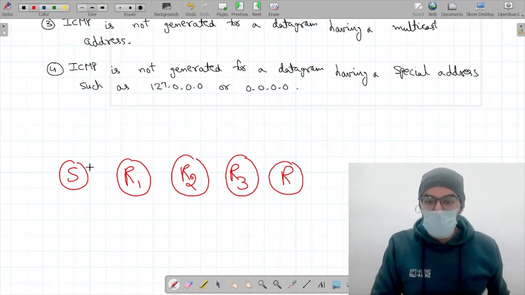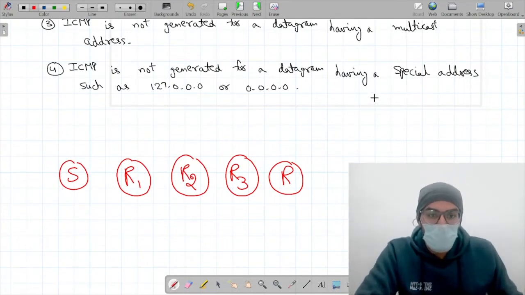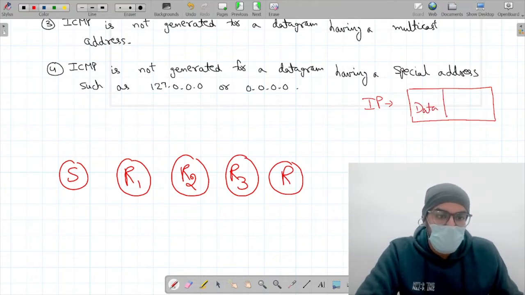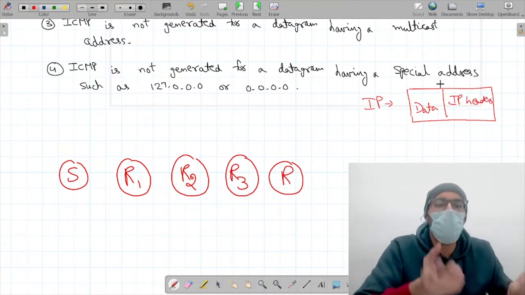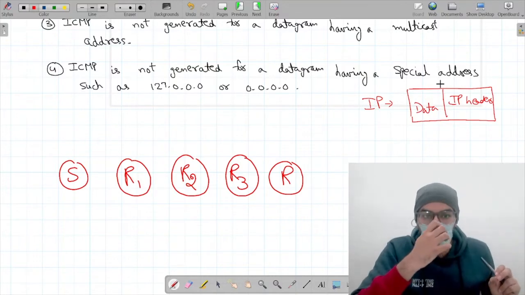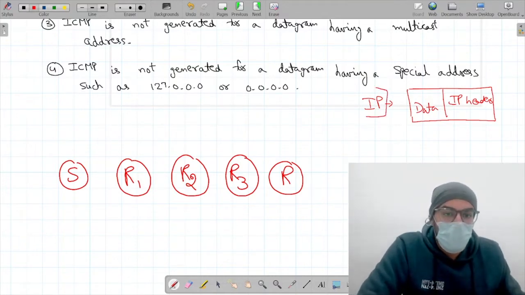Before telling you further, I want to tell you this quick thing. Let's say there is an IP packet and there is some data that we are sending inside this IP packet, and then there will be some header. I'm not writing the complete format. This is not the correct format. I'm just giving you an overview of what an IP packet looks like. I don't want to complicate things about the format of the IP packet.